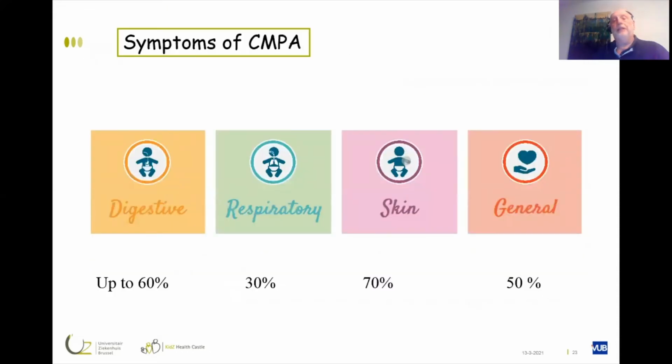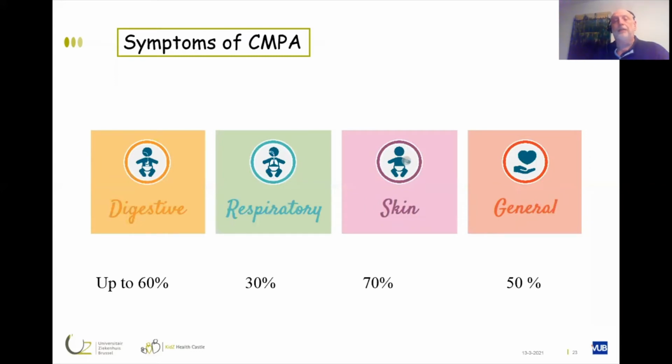So I said already that infants presenting with functional gastrointestinal disorders present most of the time with a combination of symptoms. And what about allergy? Well, if we look at the incidence of different organ systems involved in cow's milk allergy, it's 60% of the infants which have gastrointestinal symptoms, 30% with respiratory symptoms, and 70% with skin manifestations.